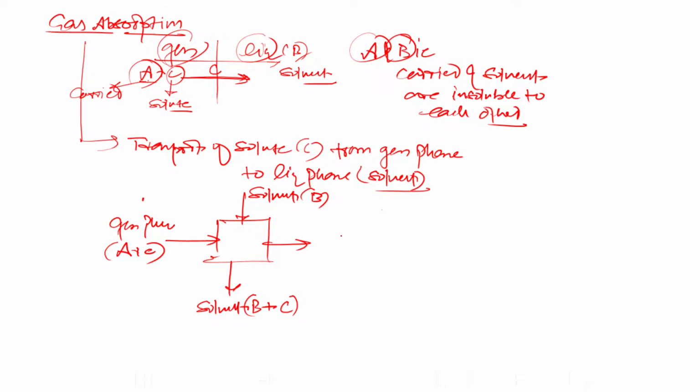The gas phase which is coming out also consists of A plus C, because in the solvent phase there is no A, and in the gas phase there is no B, because A and B are insoluble to each other. Along the solvent stream, the amount of B remains unchanged. Along the gas phase, the amount of A remains unchanged. But what is changed here? Concentration or amounts. Here the amount of C decreases, here the amount of C increases.